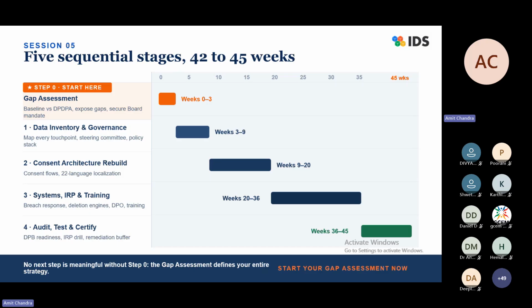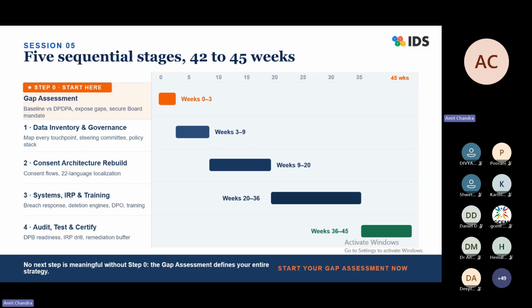So we are going to give you a consent architecture rebuild based on your gap assessment and data inventory, and make sure that you are integrated with the platform and you are able to use it. This process takes around 9 to 20 weeks. If we consider 9 to 20 weeks, it's around 11 weeks of timeline, so you can say it's 3 months. It depends upon how much data you have. It can be less than that.